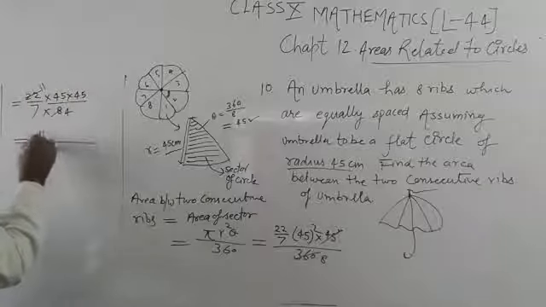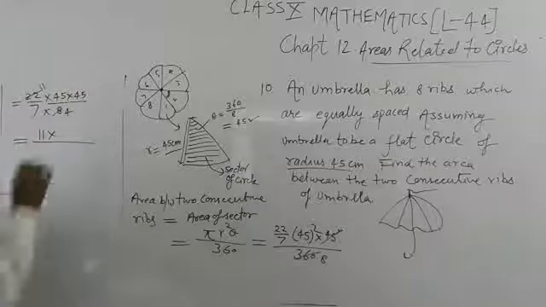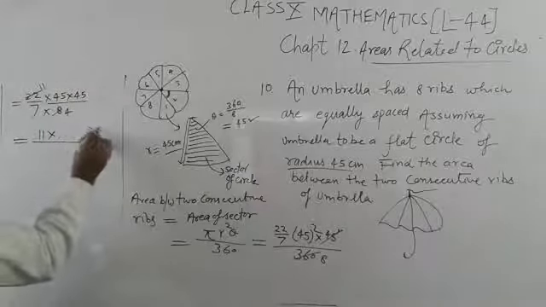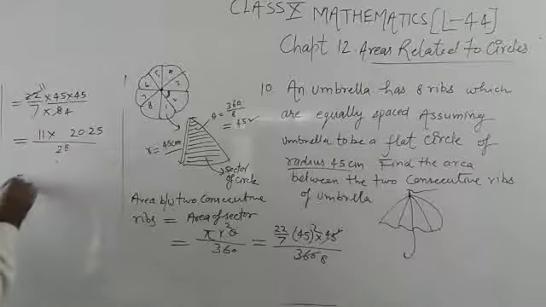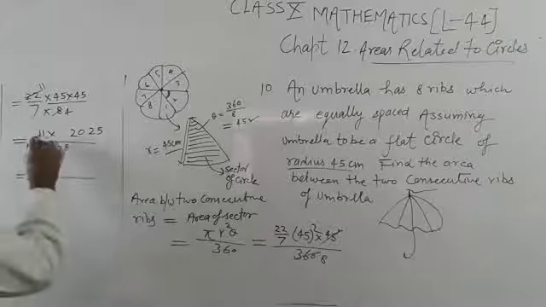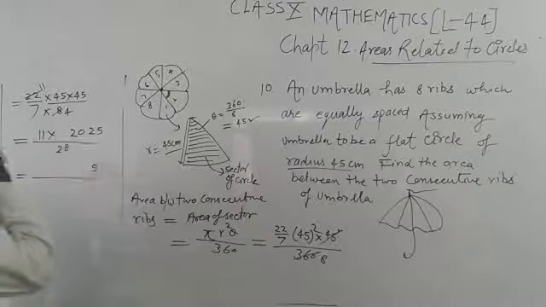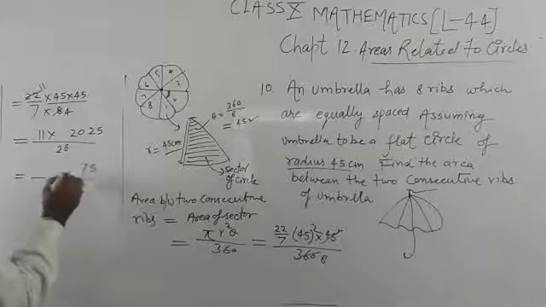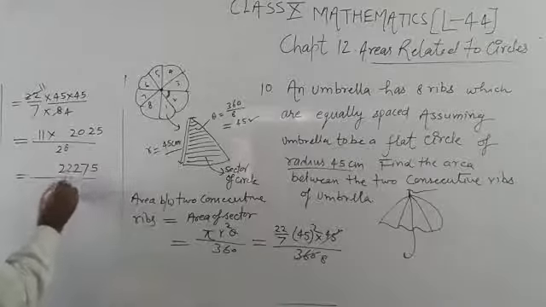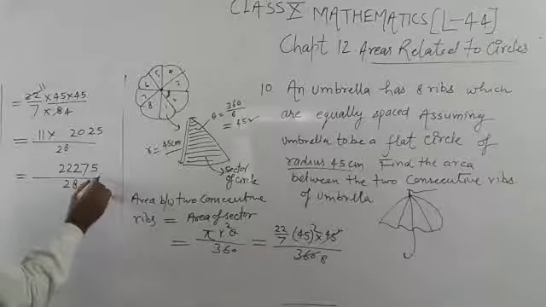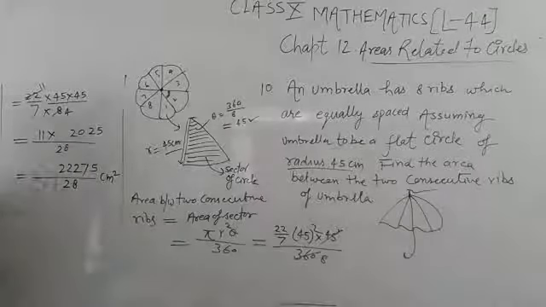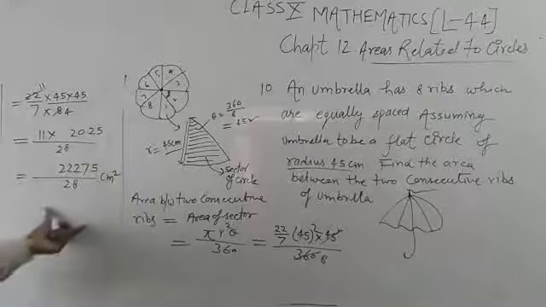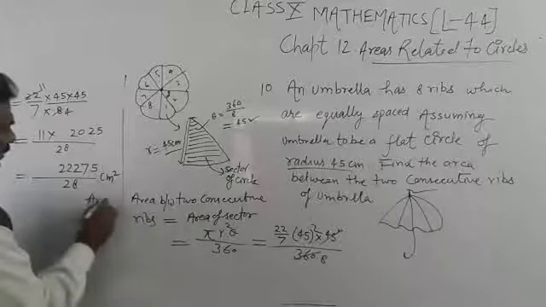Now 11 into 45 into 45 upon 7 into 4, 4 7s are 28. Now multiply these two numbers. I think this is your answer, in centimeter square. After multiplying it, we got it, and this is the answer.